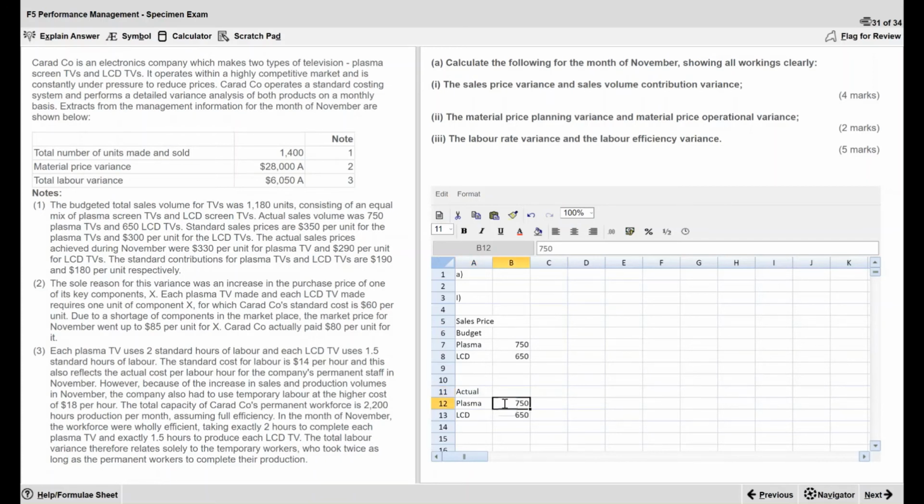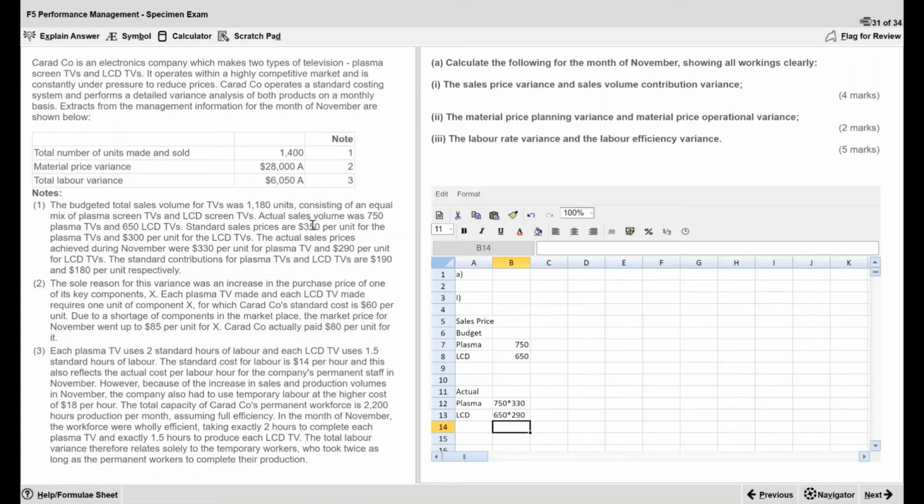So we have 750 that we sold for, achieve was 330, and this one we sold for 290. I'm going to leave it open. That is also one of the things. If you leave it open, then you know what you have done, and once you have calculated everything, once you're happy with your answer, then you can put equal sign, it will calculate it. So this is our actual price.